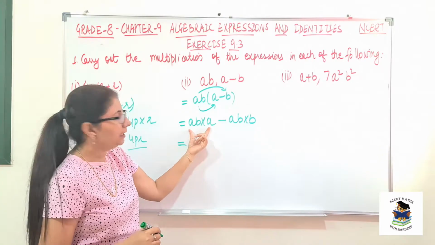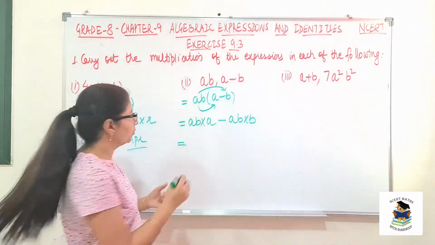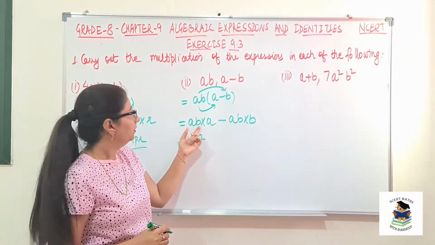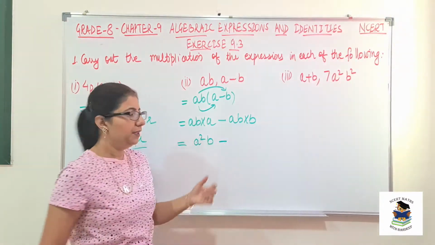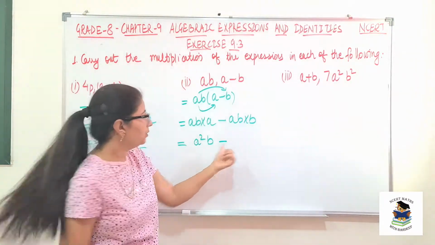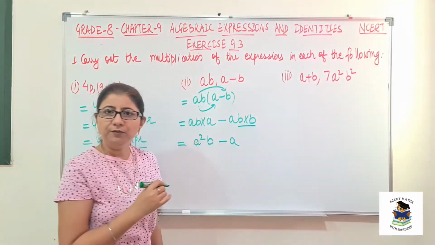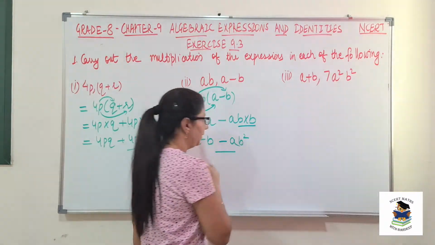So a into a will give me a square. There is no other b in the expression, so only b as it is. Now a is only one time, so we will write a, and b multiplied by b will give me b square. So this is our second part.